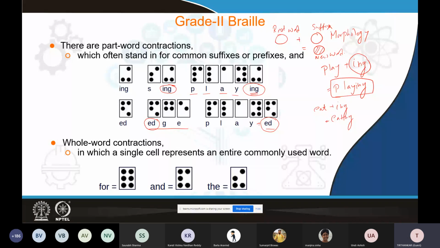And then there is the full word contraction, or the whole word contraction, where the entire word has a contracted representation, and typically these are the determiners, prepositions, conjunctions, and so on, which are very frequent in English grammar.